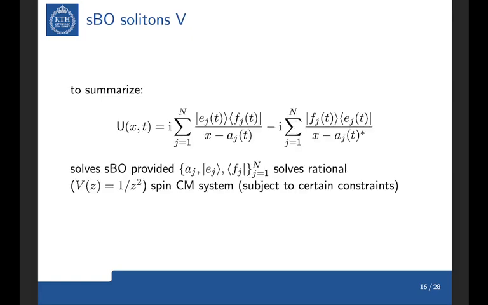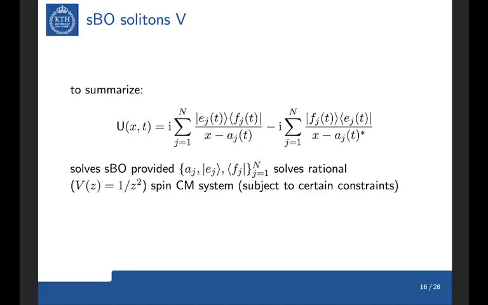So then to summarize, after we have this result in place, the theorem follows by standard arguments. So we've shown that the spin pole ansatz, written again here, will solve the spin Benjamin-Ono equation, provided that the parameters therein solve the rational spin CM equations of motion, subject to certain constraints that were written before.